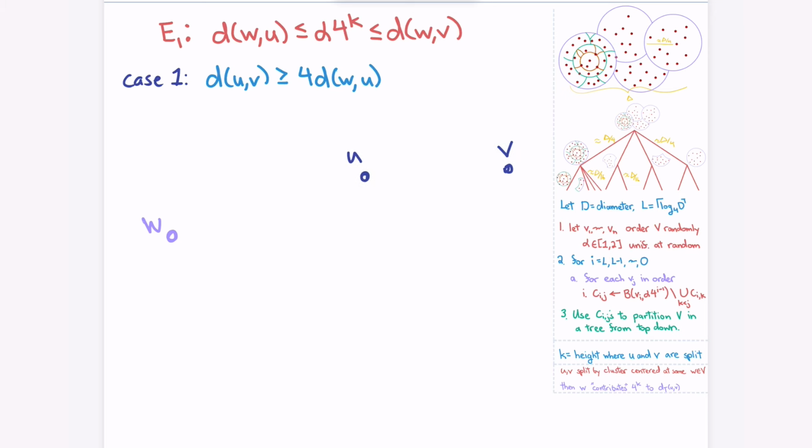Maybe it's better if I drew it like this. So here I want to argue, okay, this is when W is actually pretty close to U. In the extreme case, maybe W is very close to U, right? So I'm going to argue this is actually a good situation for us, but why?